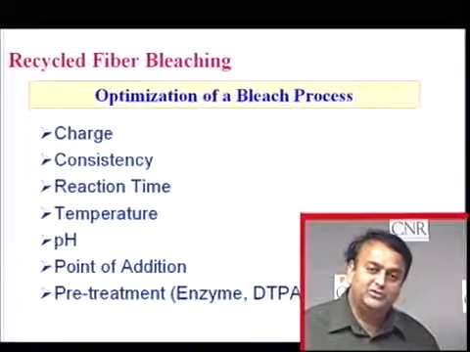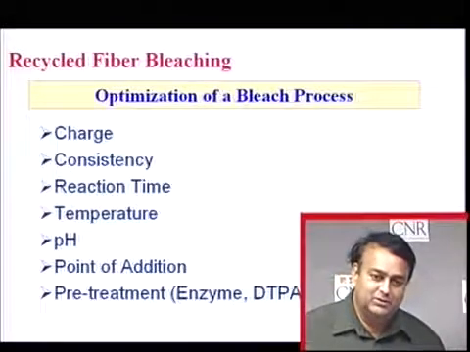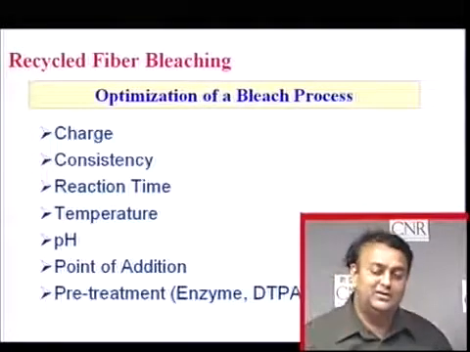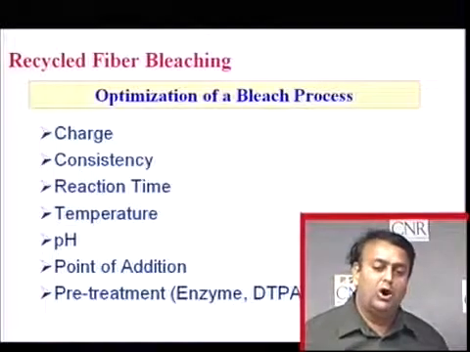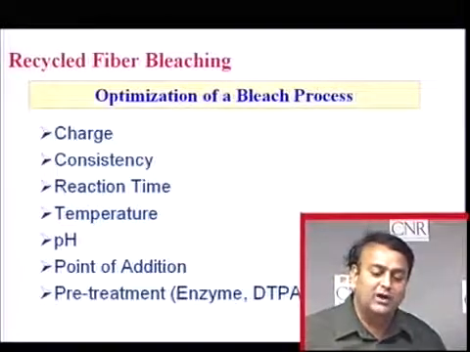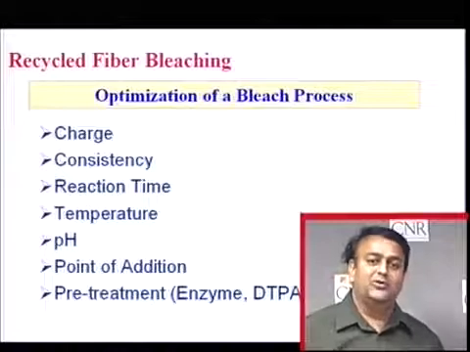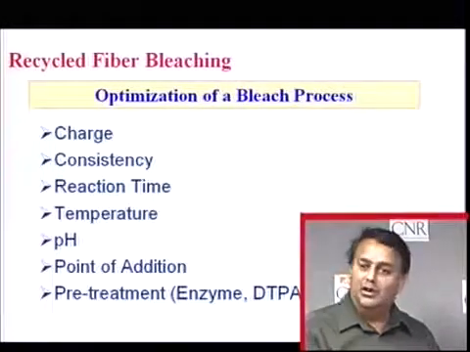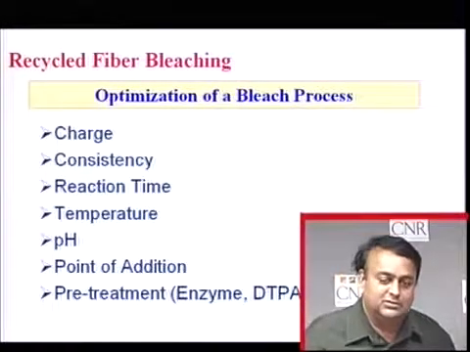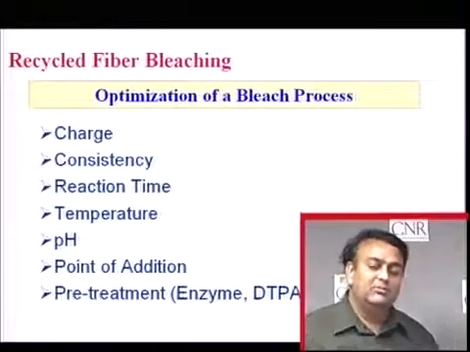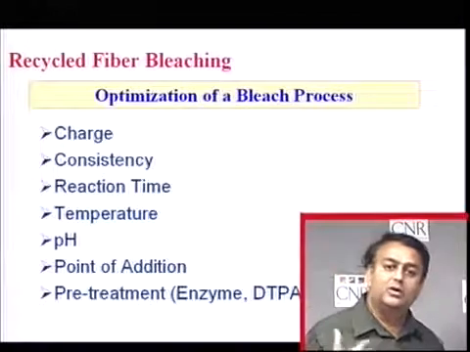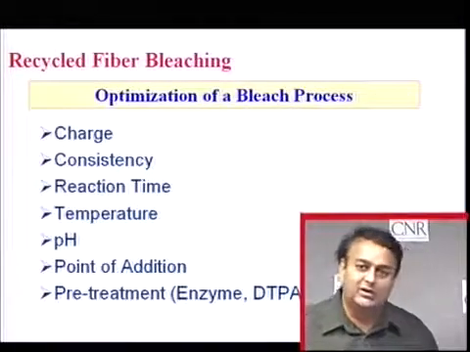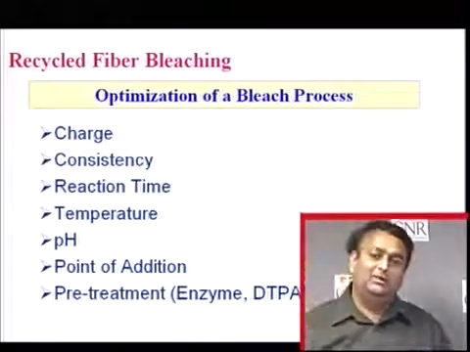The higher the temperature, the shorter the time you need. So the brightness takes off much earlier, depending upon your process and how much energy cost you can survive. So you can raise the temperature, shorten the time, and increase your production through the system. Or you can put in a reaction tower and let it sit at lower temperature for longer time to save your energy cost, but still the bleaching effect is the same.